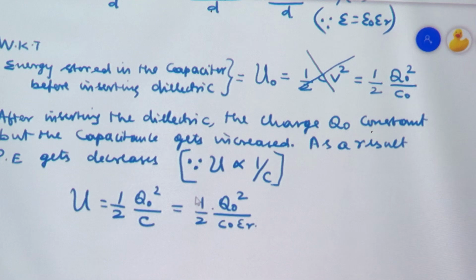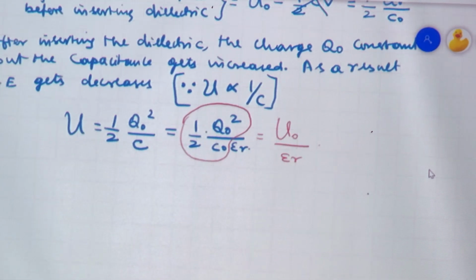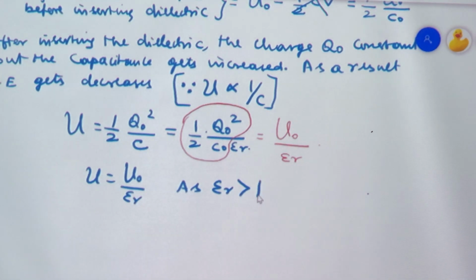Now you consider this quantity, half into Q0 square by C0. This value you can say as U0 by epsilon R. So I can say U is equal to U0 by epsilon R. As epsilon R is greater than 1, U is less than U0.